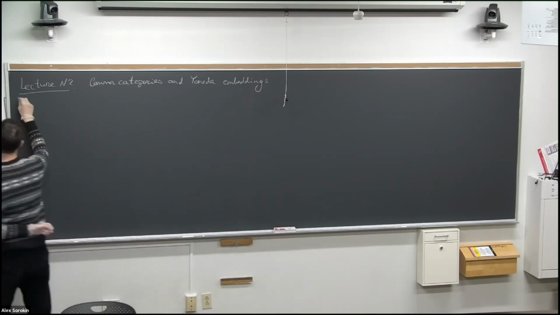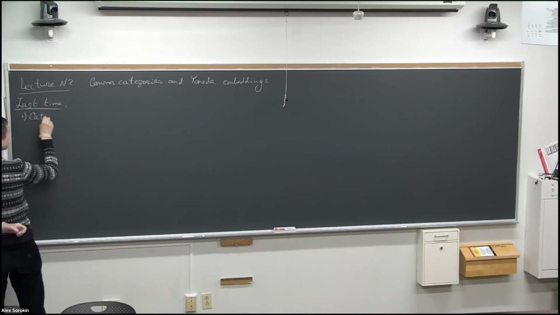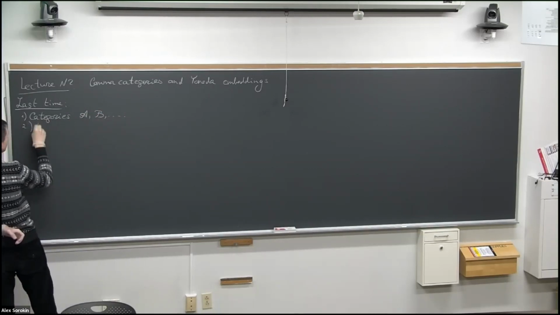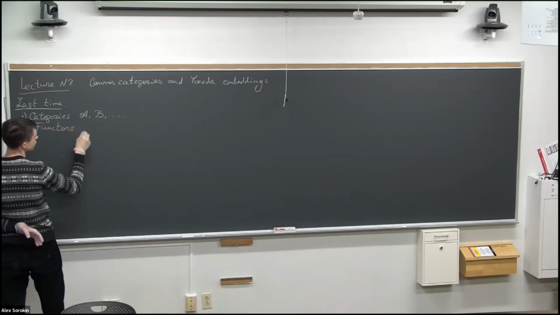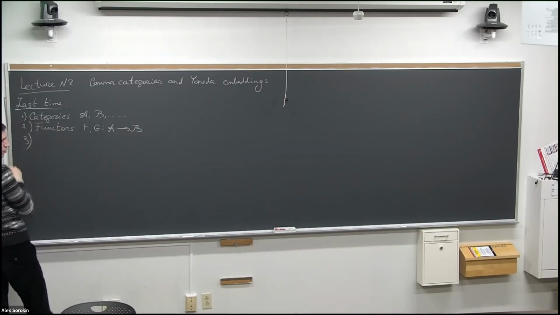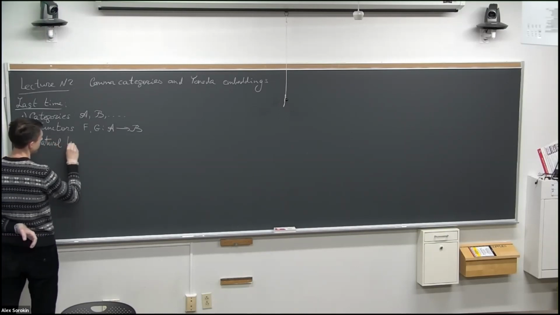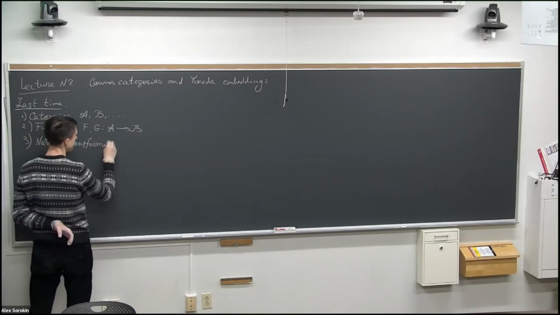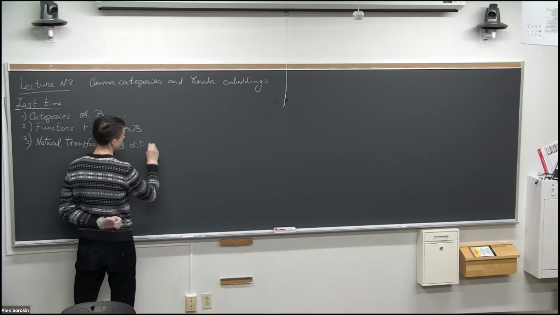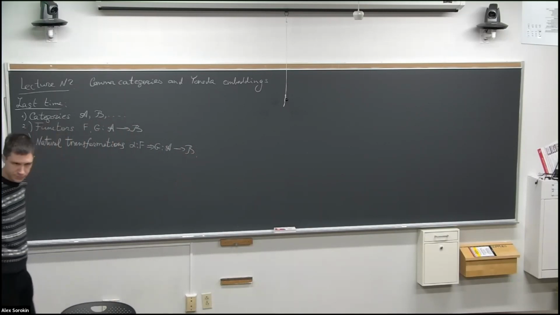So last time we have categories, functors F, G from A to B. We had natural transformations, let's call it alpha, from F to G, where F and G work from A forward.